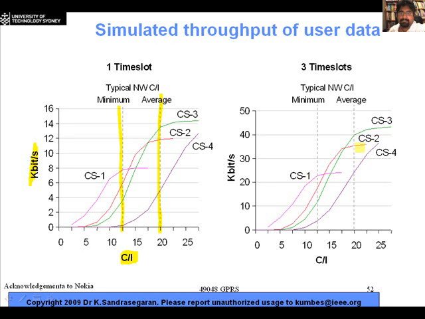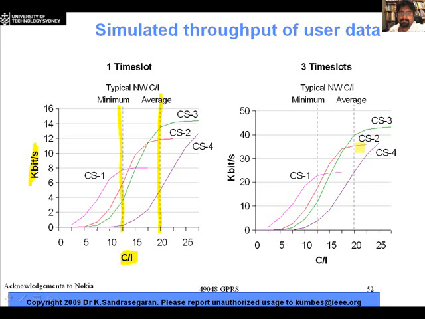Now, one of the things that you will also see here is that coding scheme 4 never gets used. Most of the time the target carrier to interference ratio is around 15 dBs, so in that case you're going to use CS1, CS2, or CS3.